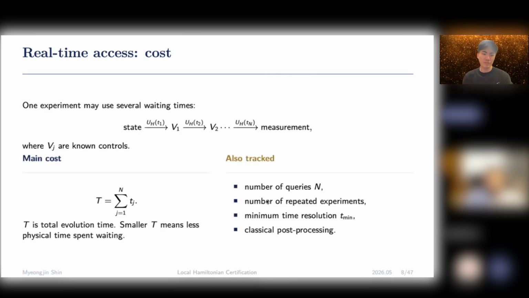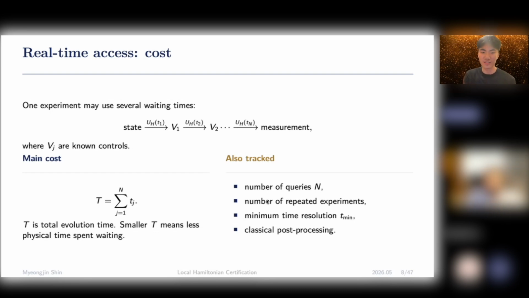So then what are the costs? The main cost that is considered in those Hamiltonian tasks is the total evolution time. We need to make it as small as possible. So the total evolution time is defined as the sum of all the evolution times used in all of the experiments.